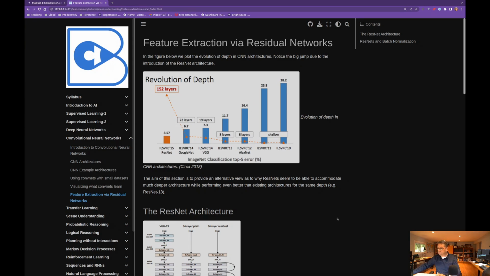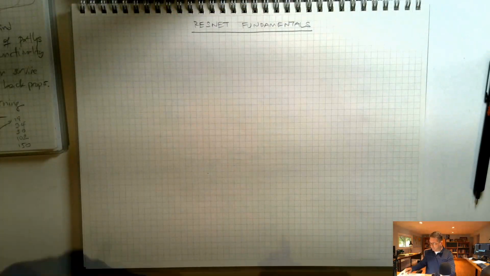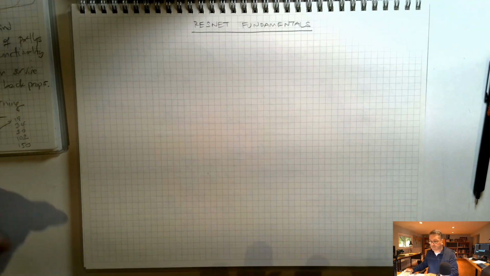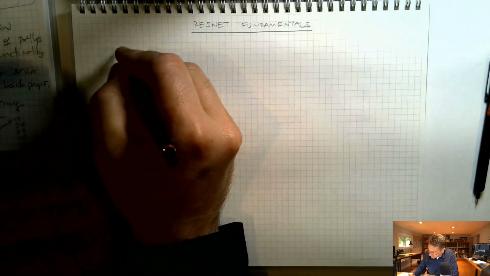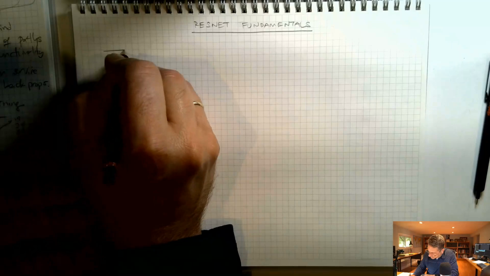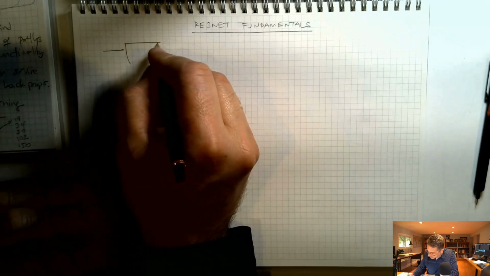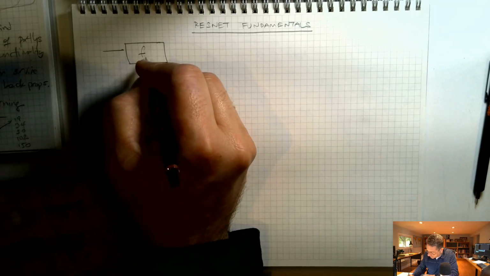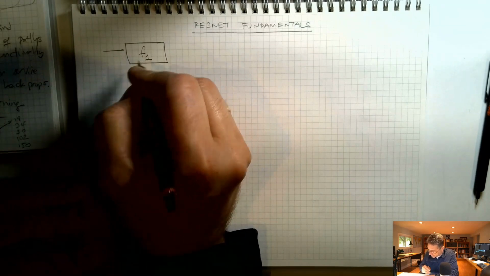All right, so in order for us to understand what is going on with ResNets, I'm going to draw a very small ResNet architecture, just consisting of 3 units. That's my unit, which I'll abstract with letter F1.